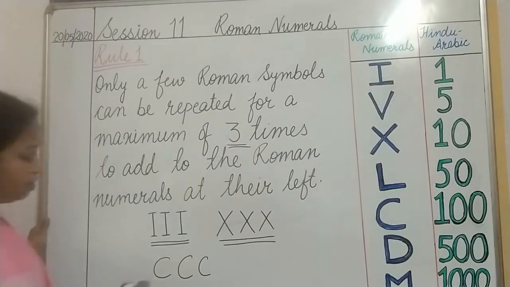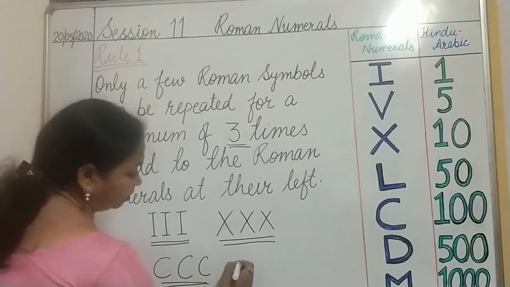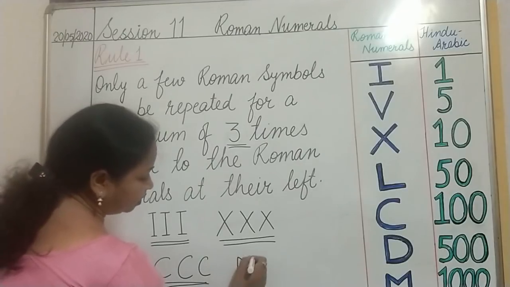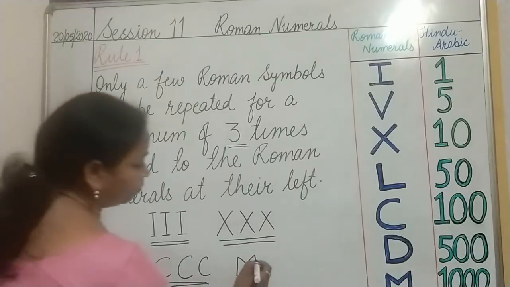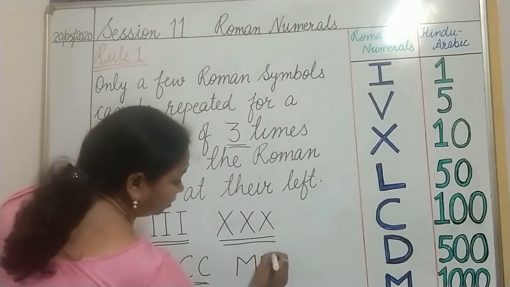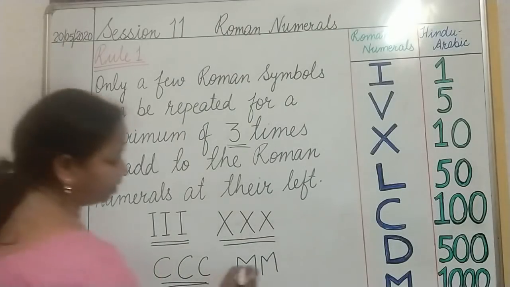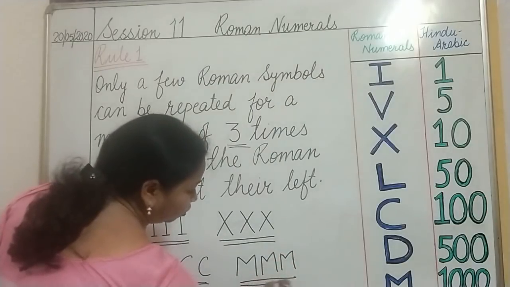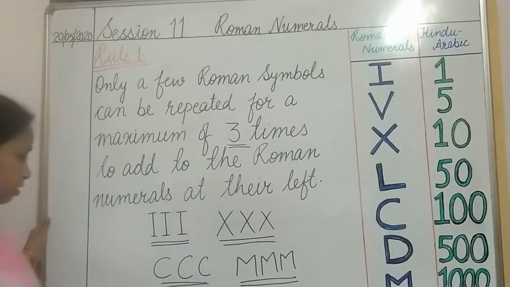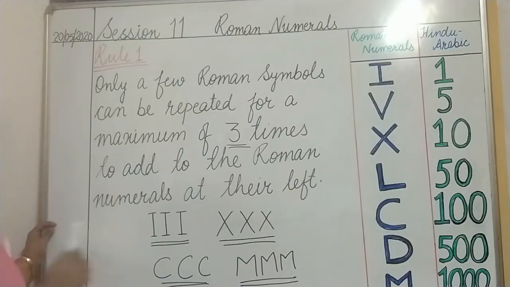Then you have M over there, and a single M denotes 1000. If I write it double, I am having double M over here. This means 2000, children. And if I write 3 times, then it is 3000. So see, some of the symbols we have used.